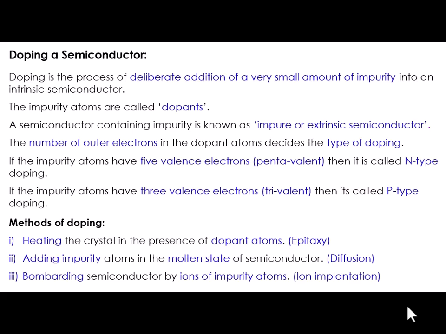Please note that the conductivity of an intrinsic semiconductor is 0 at absolute zero temperature. Also, we studied what an extrinsic semiconductor is and how an extrinsic semiconductor can be obtained by the process of doping.